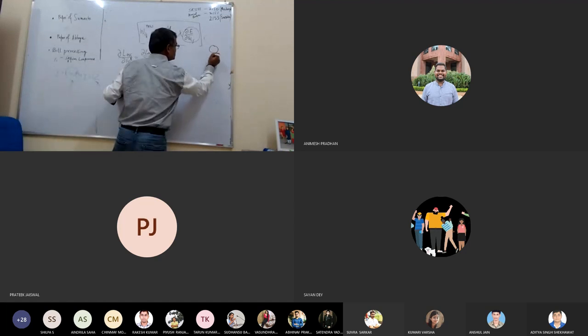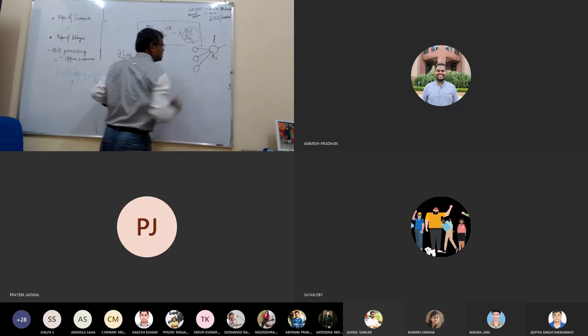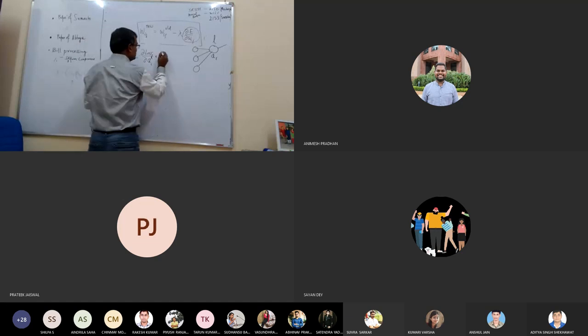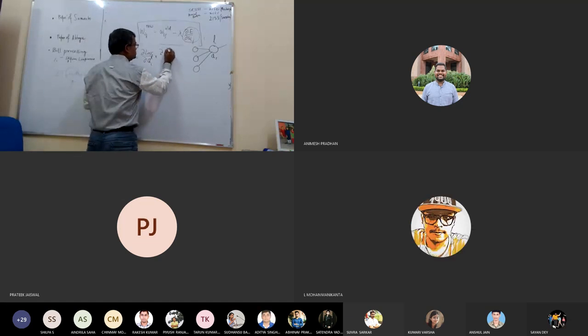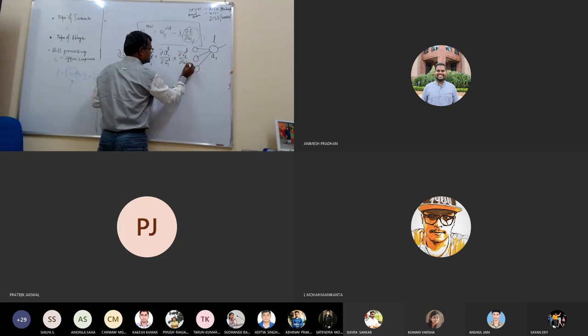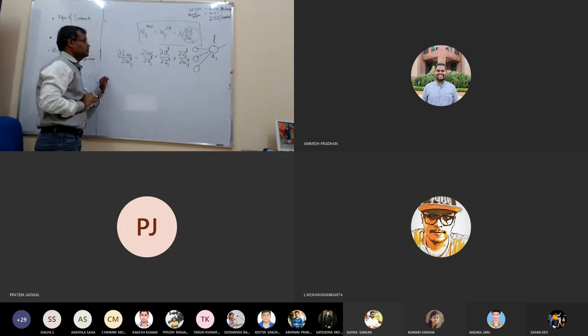AIL is node AI at layer L. So you have the input here, it will come from here and so on. Multiply it by delta AIL with respect to delta ZIL, and then by delta ZIL with respect to delta WIJL. No doubt, right?